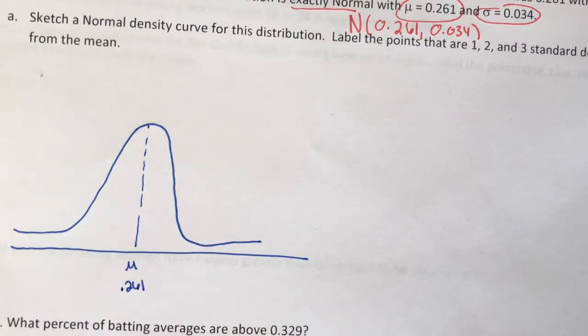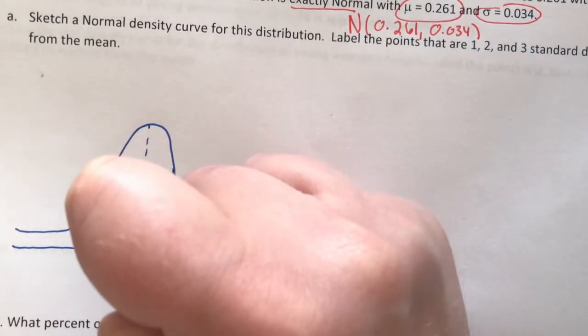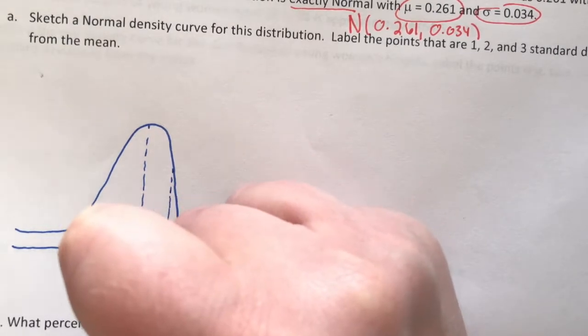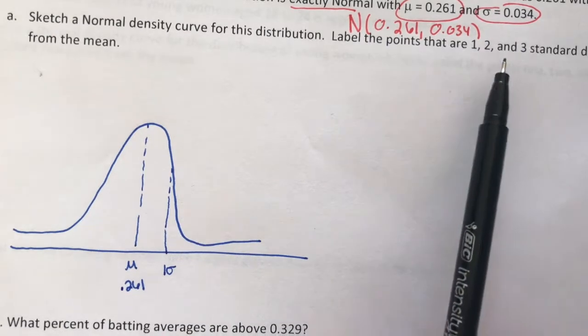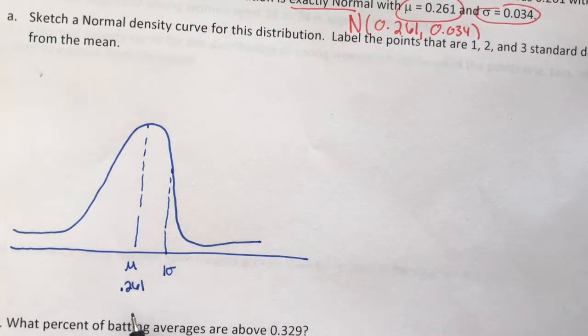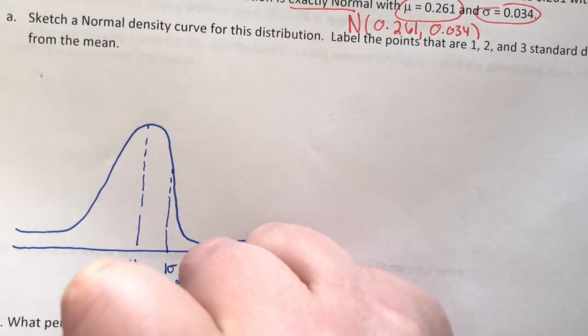Now, we need to go through and fill in 1, 2, and 3 standard deviations. So we're going to do our best to estimate where one standard deviation would be. We know it's at the point of inflection. And in this case, one standard deviation, they tell us, is 0.034. So we're going to add 0.034 to 0.261, and that's going to bring us to 0.295.